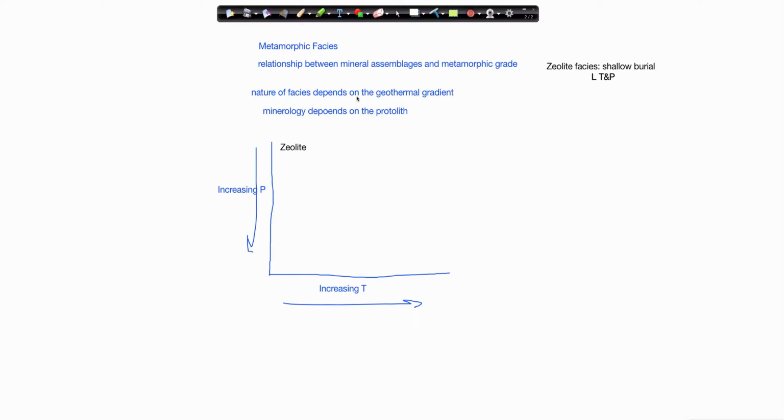And so we're going to go through contact metamorphism first. So that's just going to increase temperature without increasing pressure. So we're just going to run it along the top. This is going to be the hornfels. So this would be contact metamorphism.